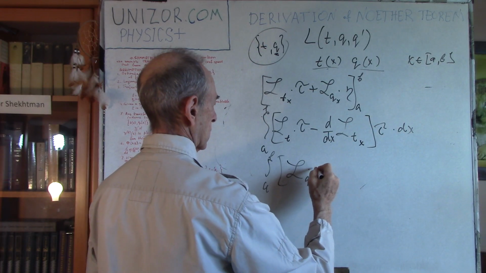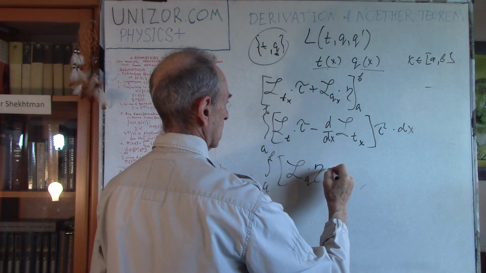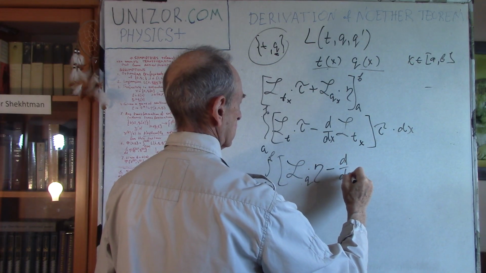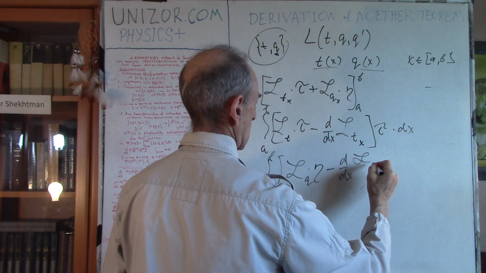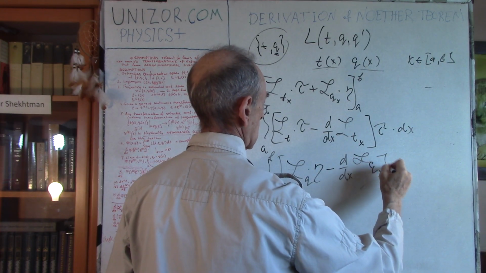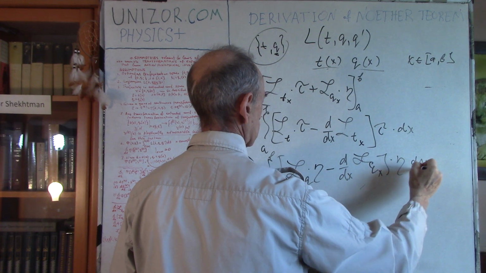Partial derivative by q times eta minus derivative by dx, partial derivative by qx times eta dx.